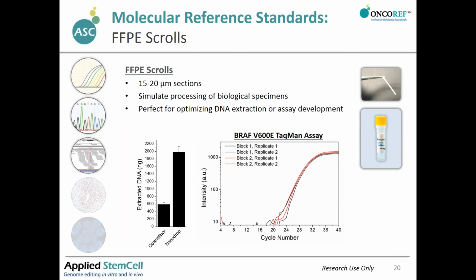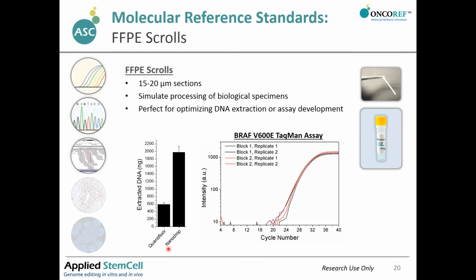From our FFPE samples, in terms of DNA extractability, we're typically able to get around 600 nanograms of DNA using a double-stranded DNA-based quantification method. One thing I want to point out is that if you're using these types of samples for your analytical methods, you want to be very cognizant of the type of method that you're using to quantify the DNA in these samples. NanoDrops are used fairly frequently in labs to quantify DNA.